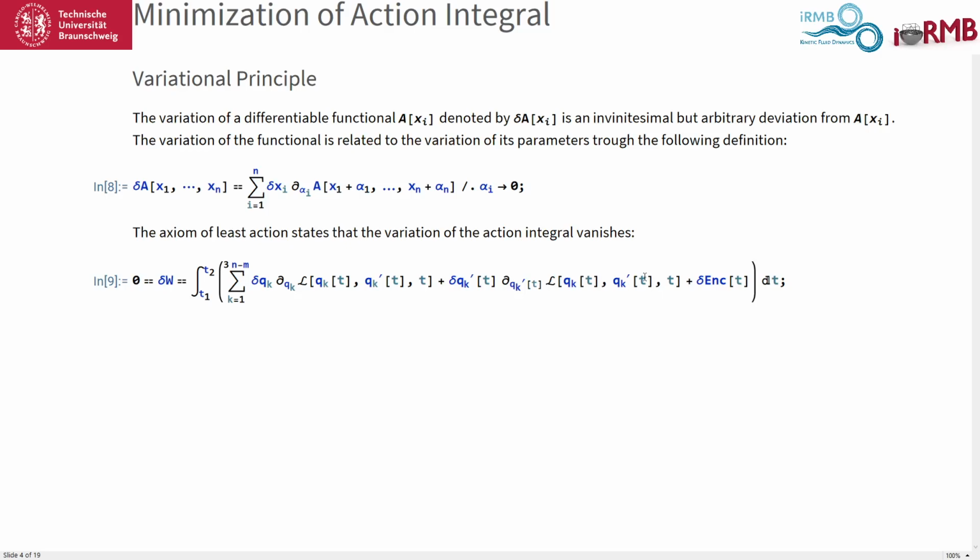And in principle, we would have to vary the time, but time does not vary. We are Newtonian in the sense that time is something that does not vary, it's just going on. So this is why this drops out. But the non-conservative force has to be varied too.